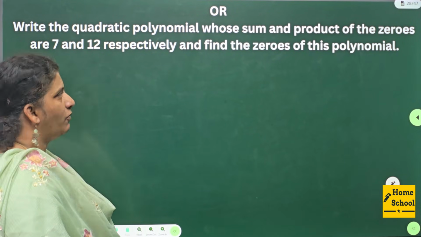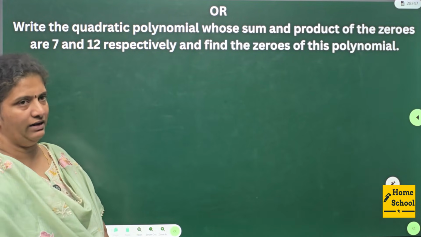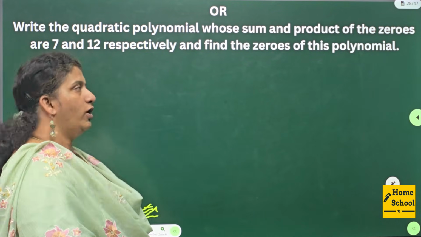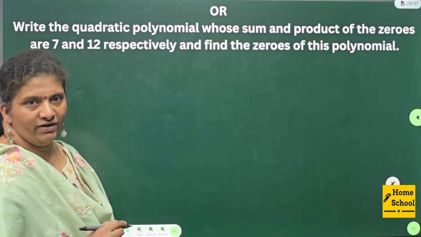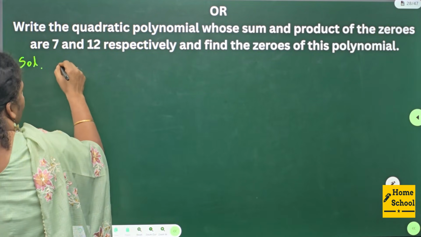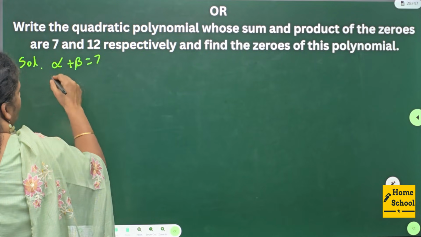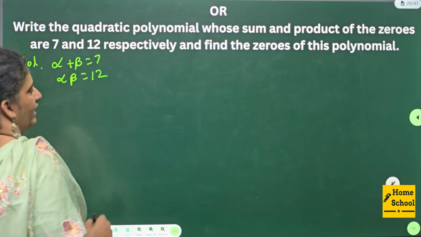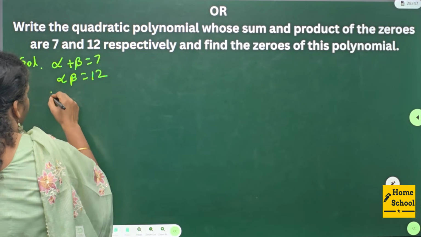Write the quadratic polynomial whose sum and product of zeros are 7 and 12 respectively, and find the zeros of this polynomial. What is given in this problem? Given sum of zeros and product of zeros. Let the two zeros be alpha and beta. Sum of zeros is equal to 7 and product of zeros equal to 12. Frame the quadratic polynomial. What is the formula?